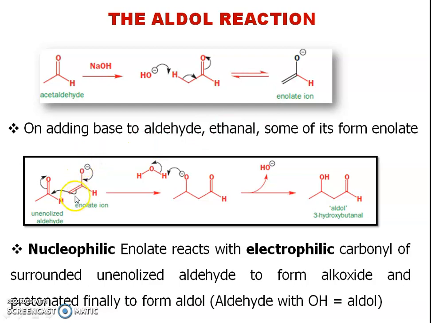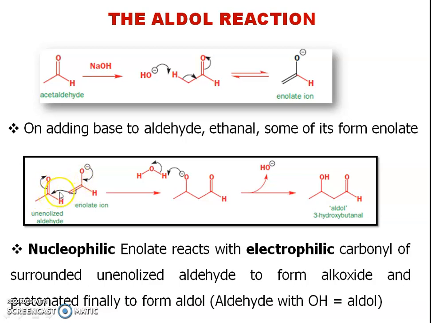Then this enolate will be added to an aldehyde. So this is the enolate. This enolate is nucleophilic, this carbon is nucleophilic, and this enolate will be surrounded by aldehyde in the system. Then this enolate can act as a nucleophile, and the carbonyl of the other acetaldehyde can act as an electrophile.